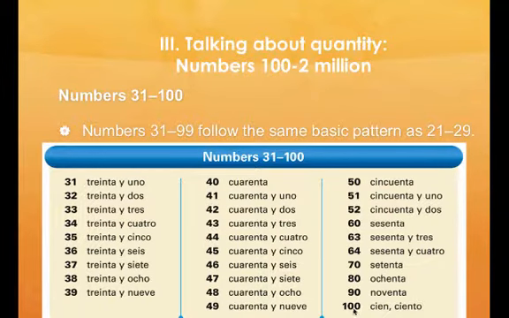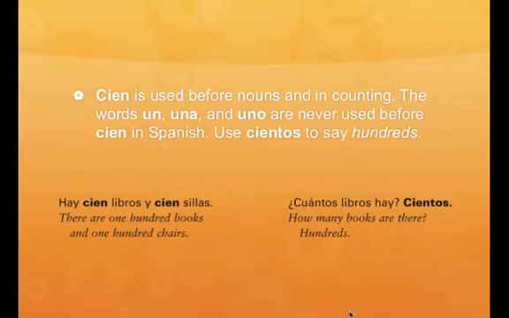Okay, so once we're at 100, we begin using cien. Cien is used before nouns and in counting. The words un, una, and uno are never used before cien in Spanish. Use cientos to say hundreds. So for example, right here, hay cien libros y cien sillas.